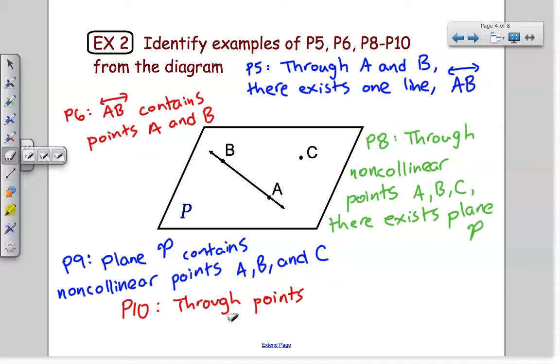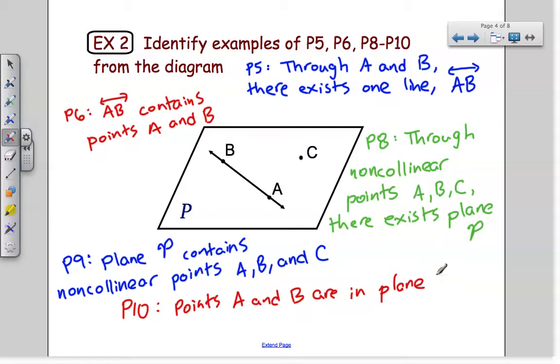Actually, I'm going to change how I wrote that a little bit here. I have to say 2 points that are in a plane. So points A and B are in plane P. Through any 2 points lying in a plane, the line containing them also lies in the plane.